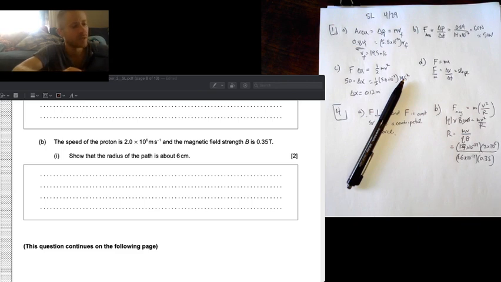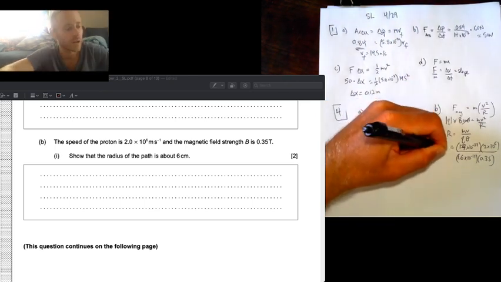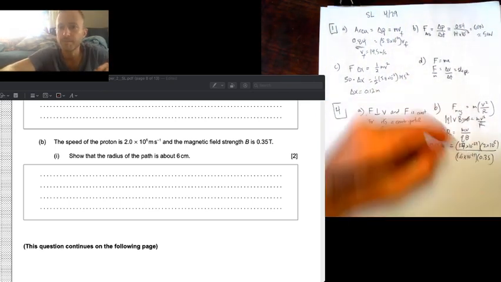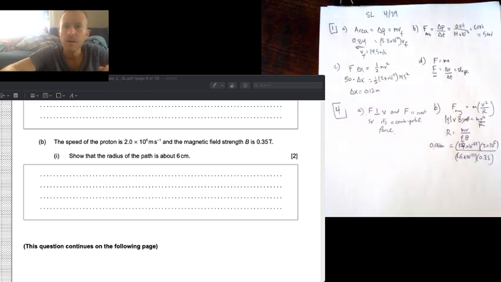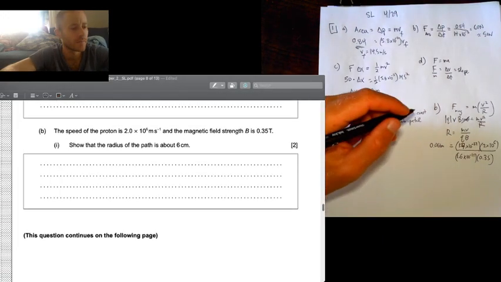Okay. So I got 0.06 meters. Actually, more like 0.061. All right. So, that was B part I.